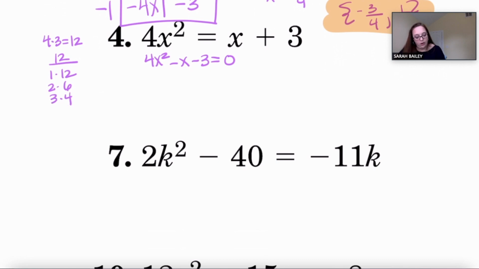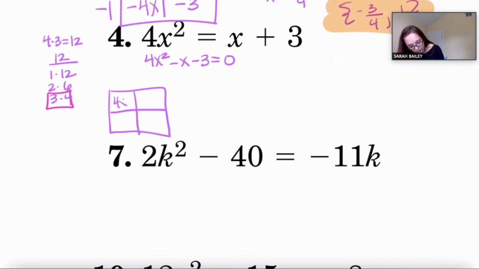And we want a pair that would make a negative 1. So we can use that pair right there. Let's get our box ready. So I'm going to write 4x squared there and a negative 3 there. All right, so I want a negative 1, so that's going to be a positive 3x and a negative 4x.